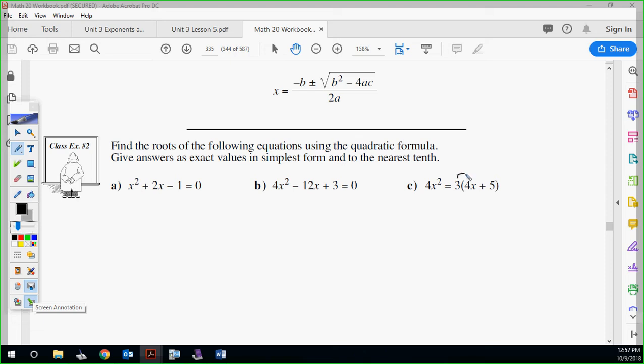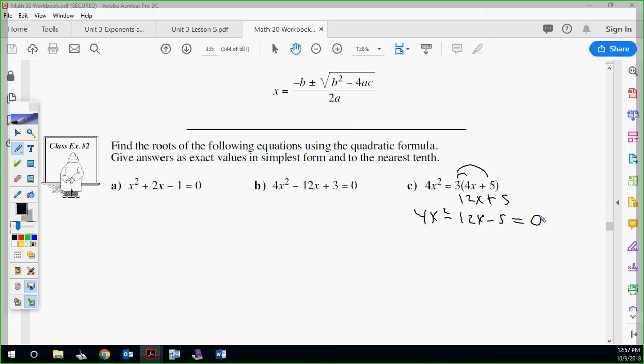So C, 3 times 4x, 3 times 5, that's 12x and 15. And then I want to move those over on the same side so I can see what my A, B, and C is. So there. Now I have my A, B, and C equals 0. Yeah, so I distributed. 3 times 4 is 12, 3 times 5 is 15.